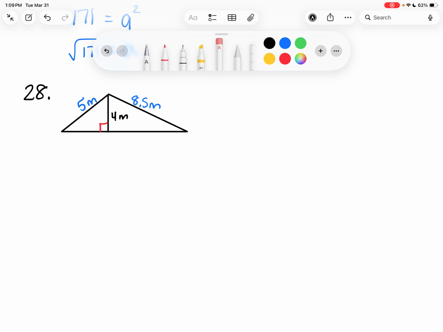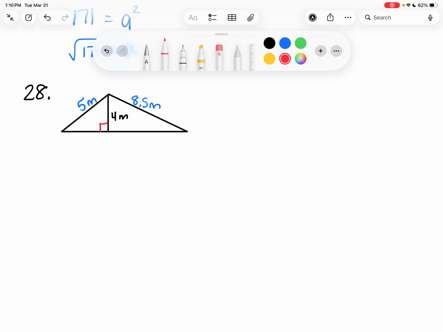Do I have enough information to find area? What do I need to do? How? This isn't a right angle, so this isn't a right triangle on the outside.